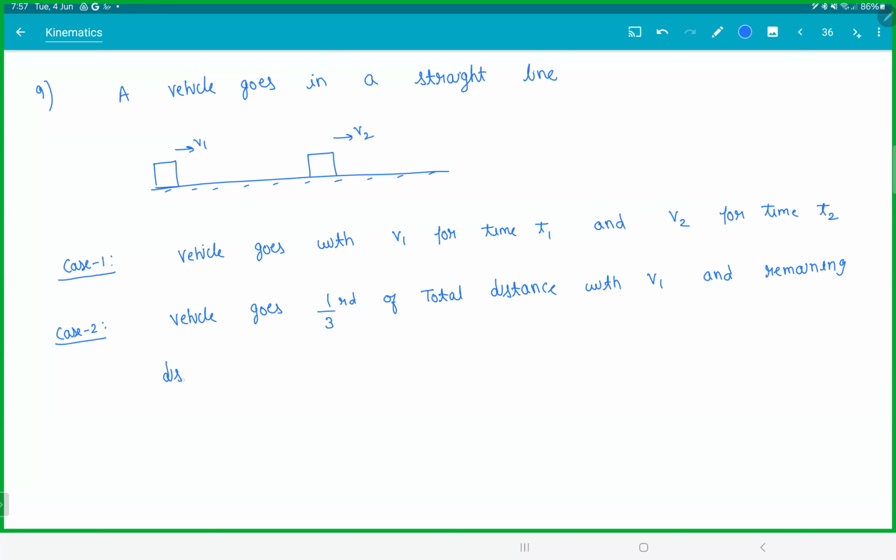Find the average speed in both the cases. I hope the question is clear. So vehicle is going in a line, but it has different speeds. Easy one, mostly a CET level question. Even at a mains level, this would be an easy one. Try.